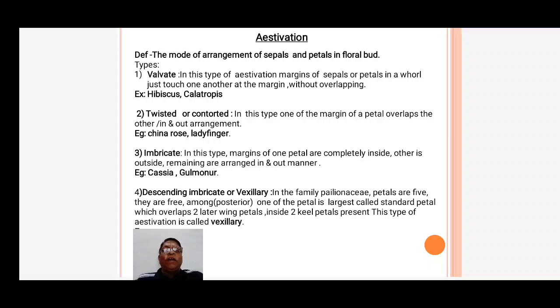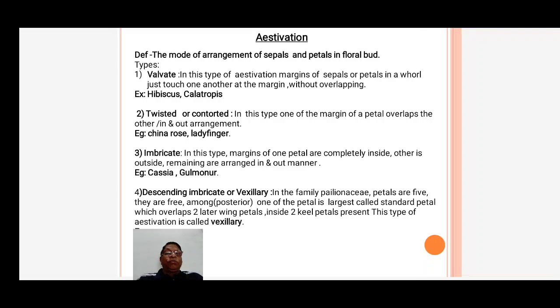The arrangement of sepals and petals in a flower bud or floral bud is called estivation. Now coming to the types of estivation, there are different types, but some of them are mentioned in your syllabus or in the NCERT text.